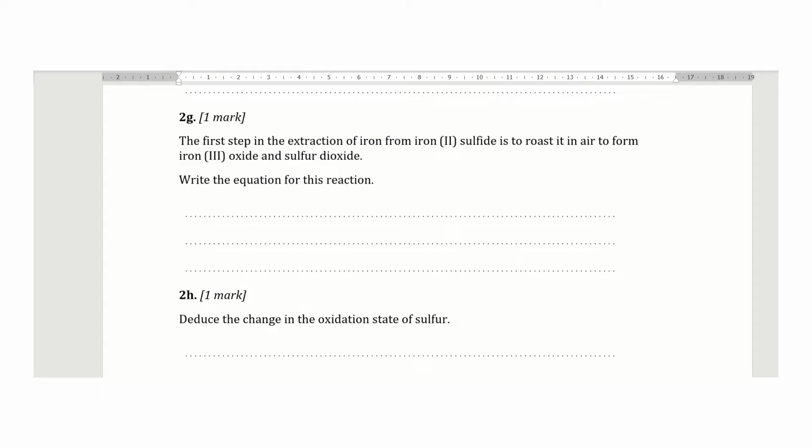So I want to extract iron from iron 2 sulfide, which is to roast it in air. And whenever I see the word air, I think about oxygen. So I need to roast it in air. That means I need to heat it up in air to form iron 3 oxide and sulfur dioxide. That is the first step.